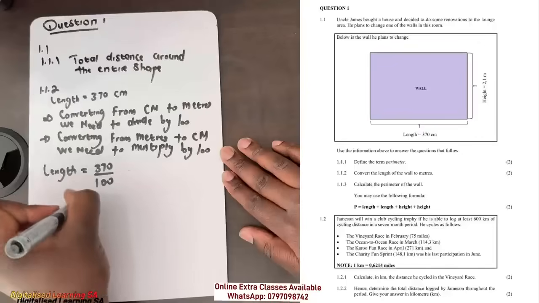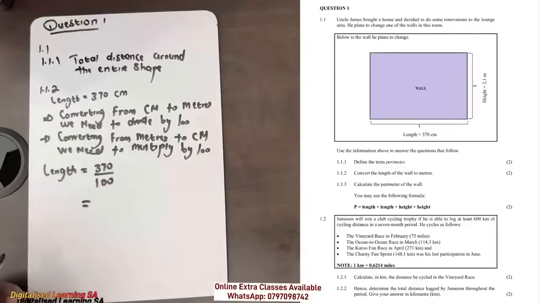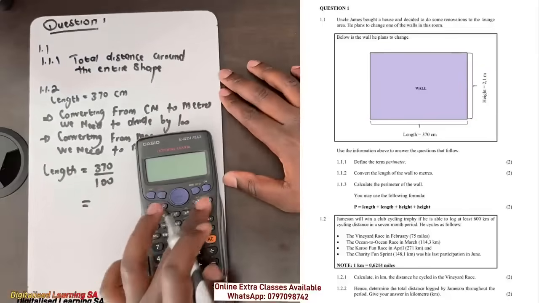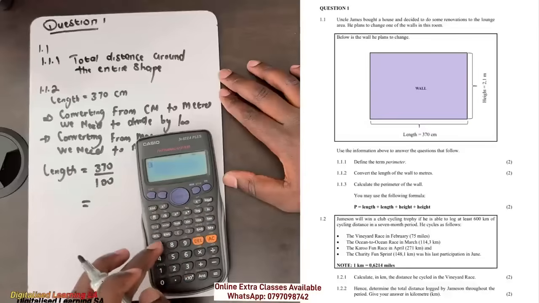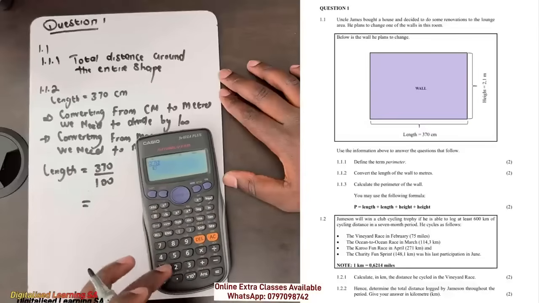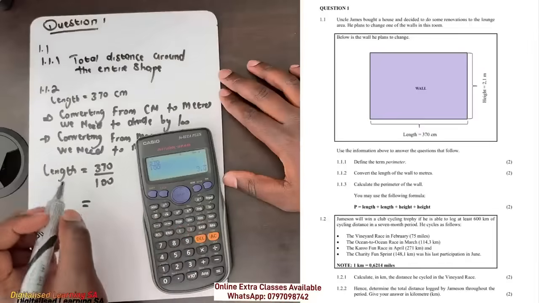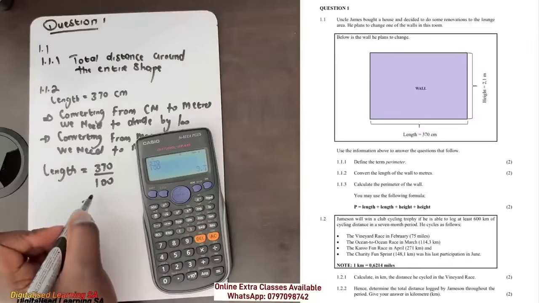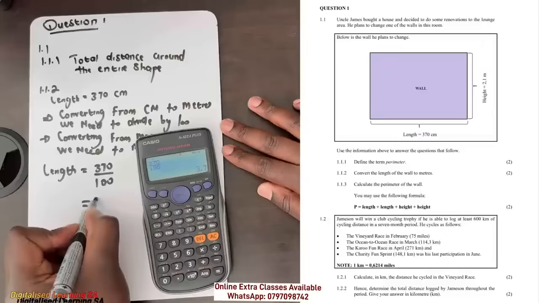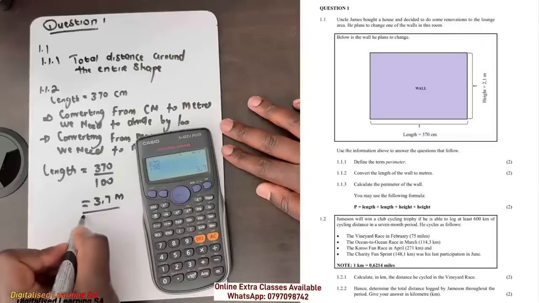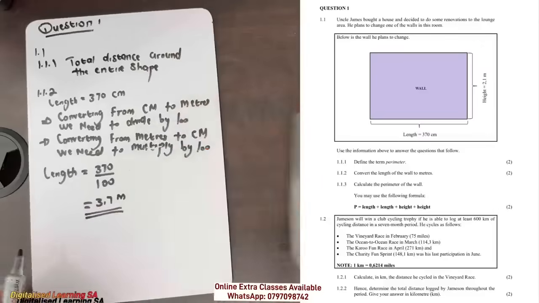So now we are going to plug that into our calculator. So it will be 370 divided by 100, and our answer will be 3.7 meters. So this is our length.